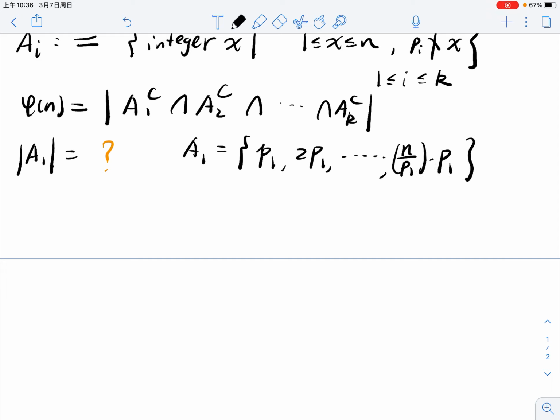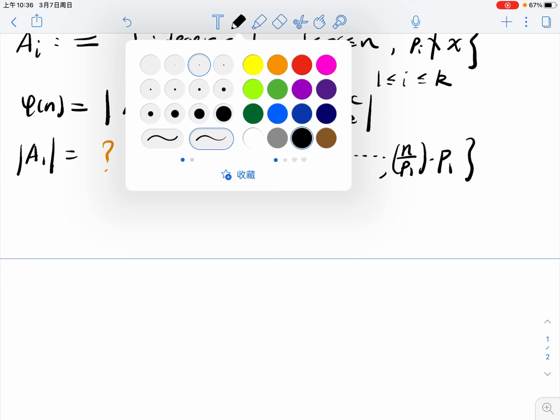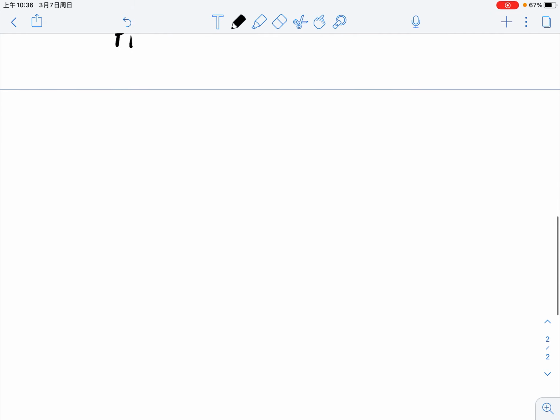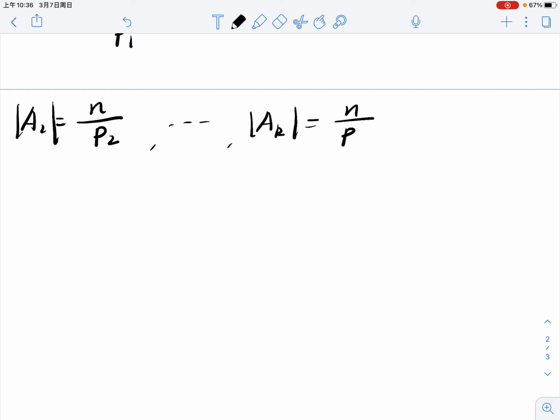Notice that since p1 is a factor of n, this is an integer. Therefore, what is the cardinality of the set A1? Just n divided by p1. And similarly, the cardinality of A2 is n divided by p2, and the cardinality of Ak is n divided by pk.